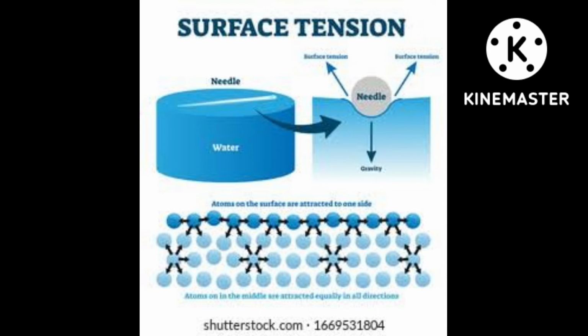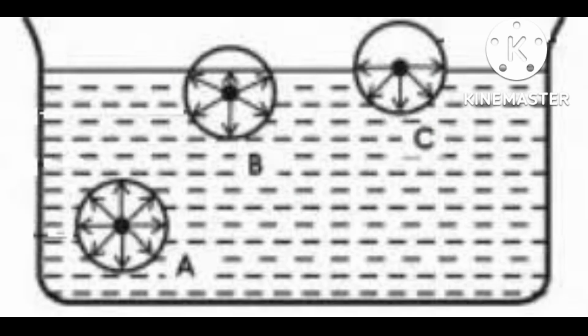If the surface of the liquid is increased by pulling molecules from the bulk, because the surface molecules are fewer, they will try to bring molecules from the bulk below.